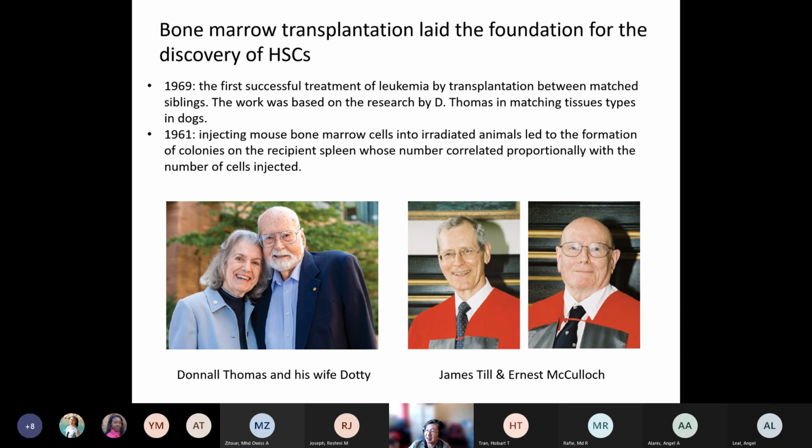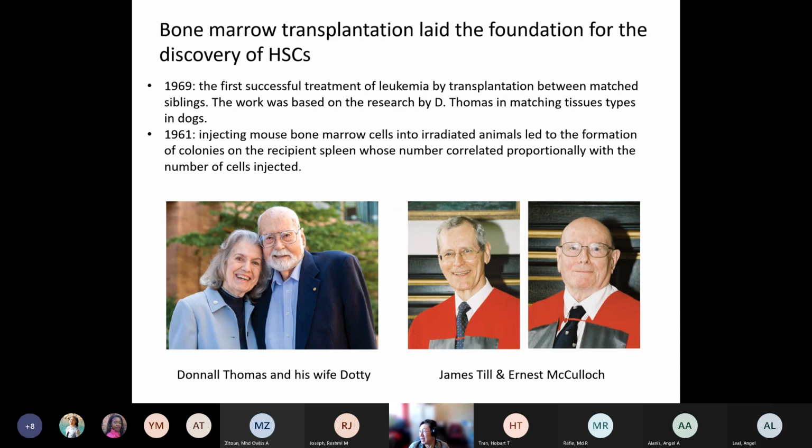So this is probably the first adult stem cell ever described in mammals, in humans, I should say, because stem cells in lower species were discovered maybe several hundred years earlier than our recognition of human stem cells. There are two major events that formed the start of our knowledge about the hematopoietic stem cell.